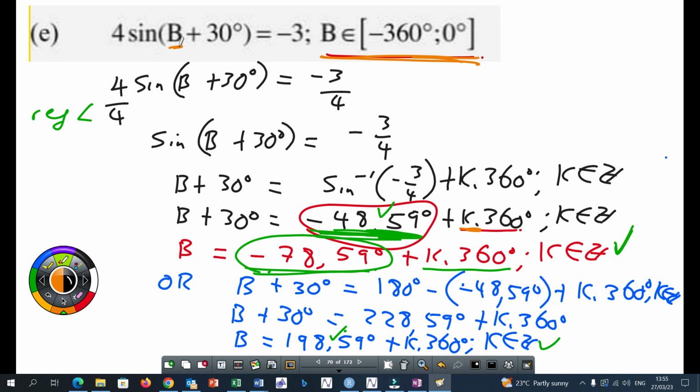That's all. Yes? So when you have k equals to 0, why was it not negative 78,59? Negative 78,59. Okay, I see what you mean. I put the incorrect answer there.